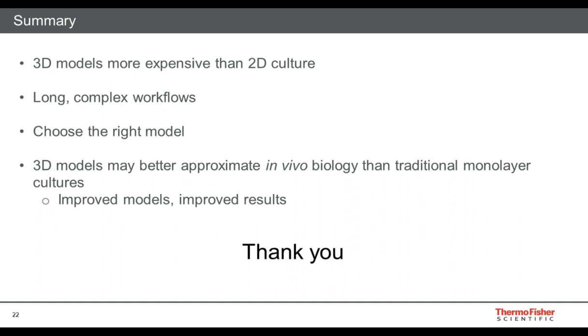Pluripotent stem cell models obviously are made from embryonic or iPSC cells, and these are different from the adult tissue-derived models in that these cells have a broader differentiation capacity, meaning they can give rise to a wider variety of cell types given the right signals and culture environment than the adult tissue-derived models can.